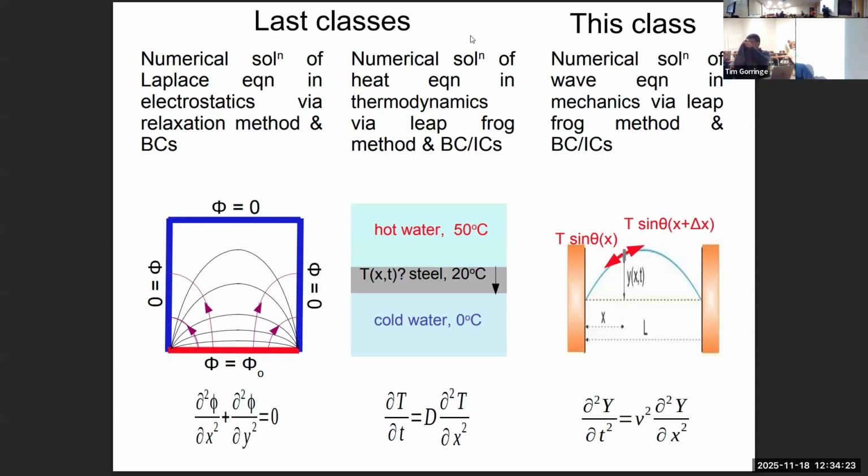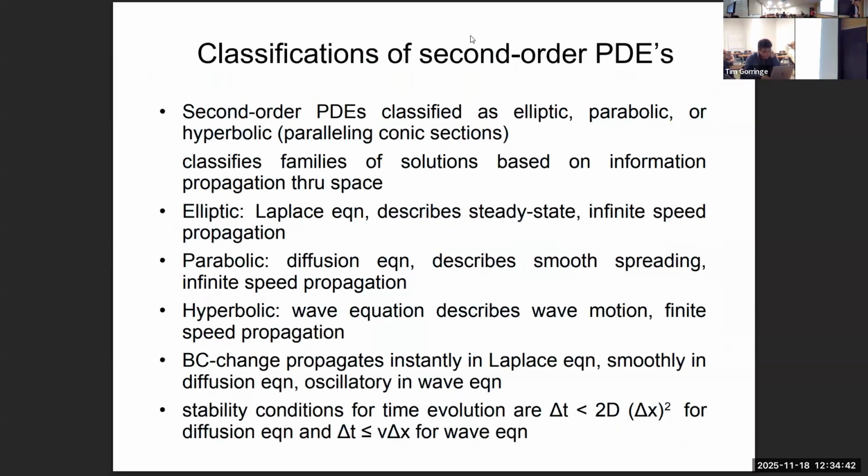The point is that these involve different forms of first and second order differential equations in space and time, the sort of thing you would typically meet for partial differential equations in space and time. Let me say a few more words about that on this slide.